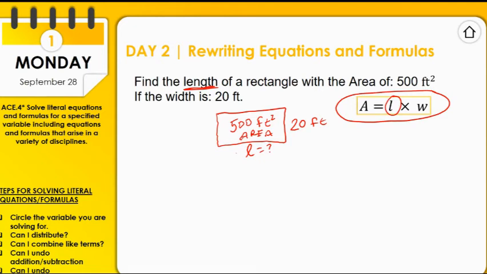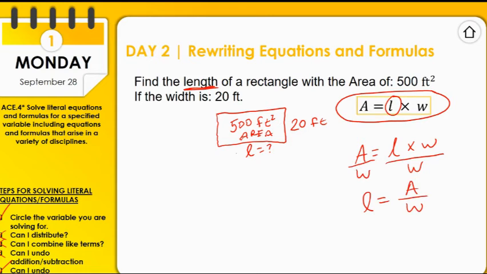In order to solve for L, circle the variable you're solving for. There is no distribution. There are no like terms. There's no addition or subtraction. So here I want to undo multiplication. In order to undo multiplication, I want to divide both sides by W. So I have length is equal to area divided by width.